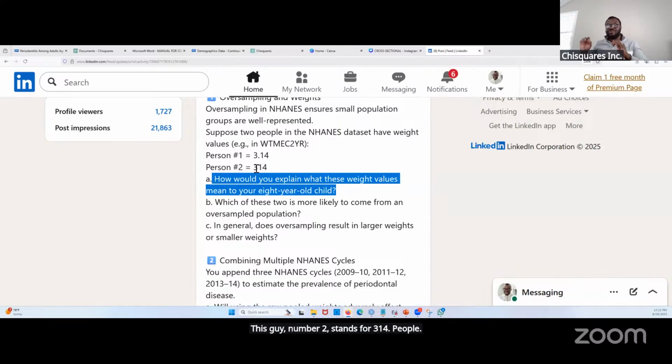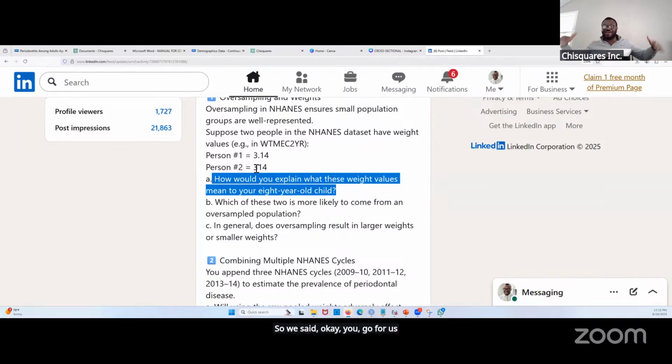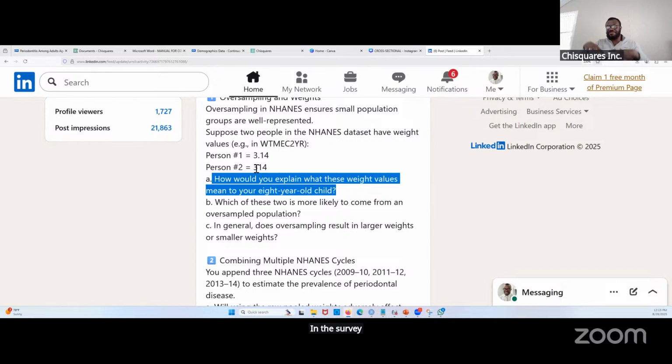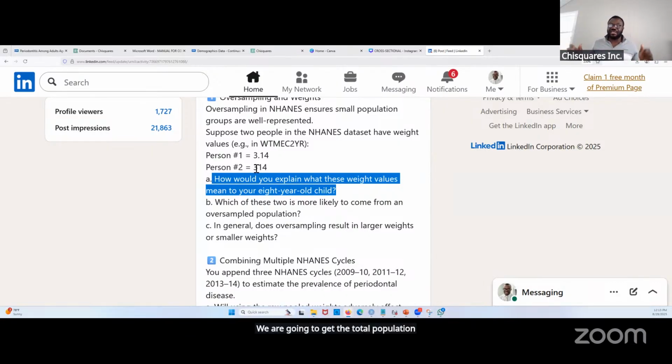It's like we wanted to send them on a mission, but the other ones couldn't go. So we said, okay, you go for us. Go for all 314 of us. So that guy is now representing them in the survey, right? So the representations are mutually exclusive. So that's why when we add up all the weights, we are going to get the total population size, right? So that's what those weight values mean intuitively.